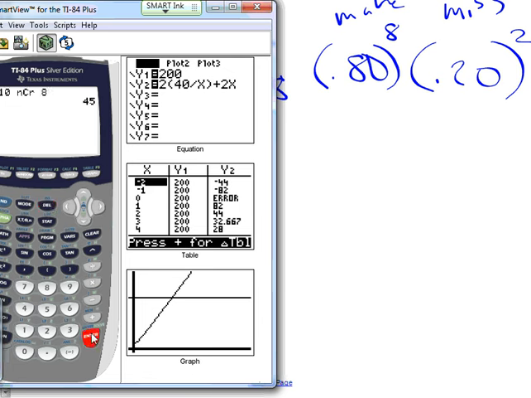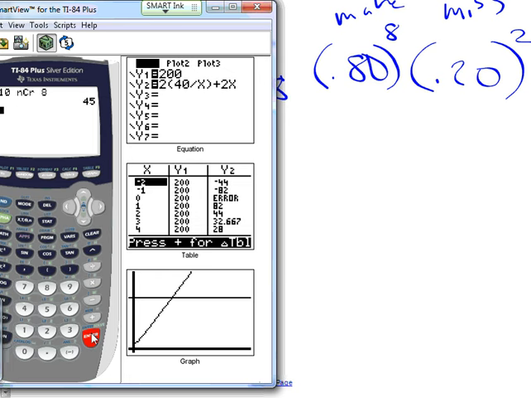What is that? That's the number of paths on a great big tree chart, that probability chart that looks like a tree. That's how many paths would be possible where you would make 8 and miss 2. And then the probability you do each time would be 0.8, so you go 0.8 to the 8th, and 0.2 to the 2nd.